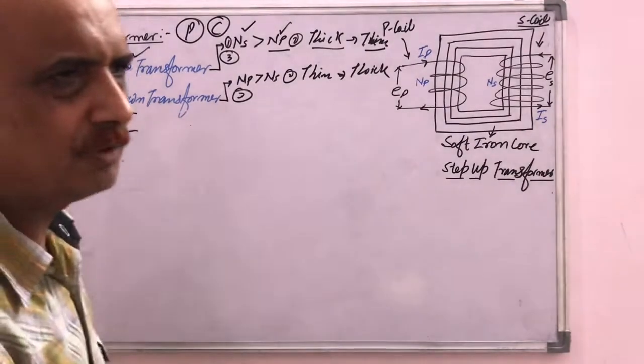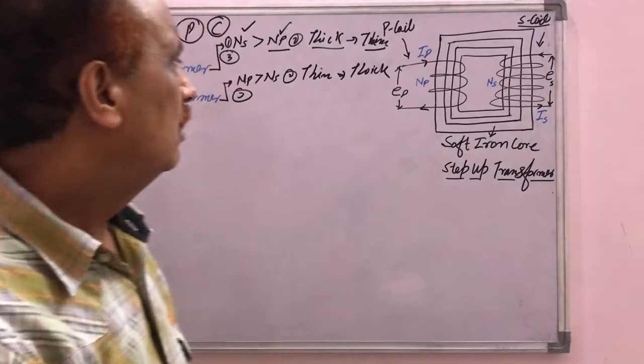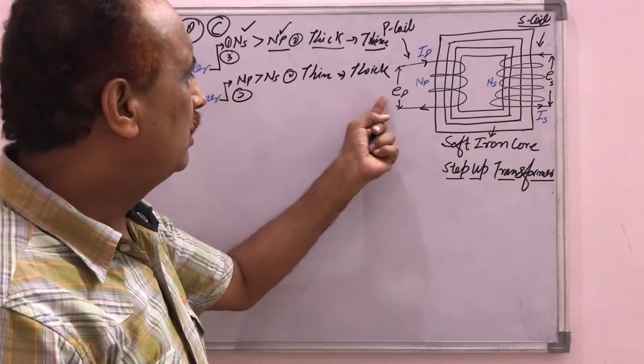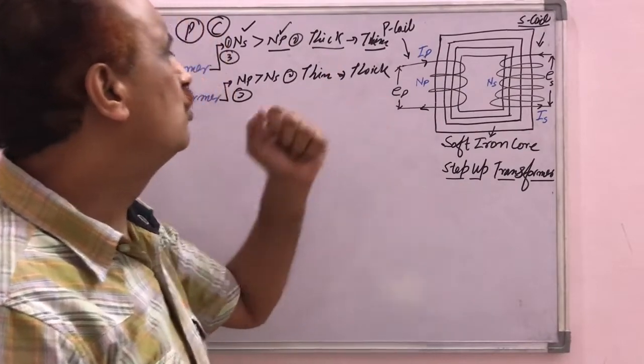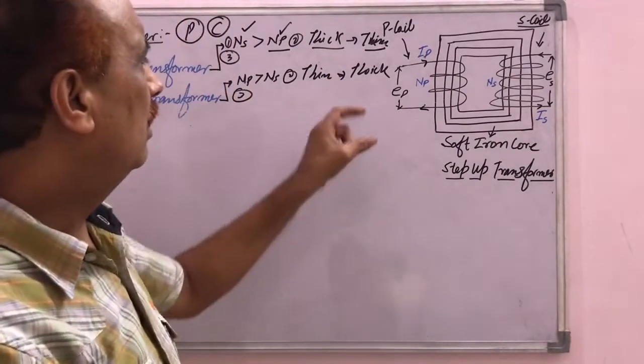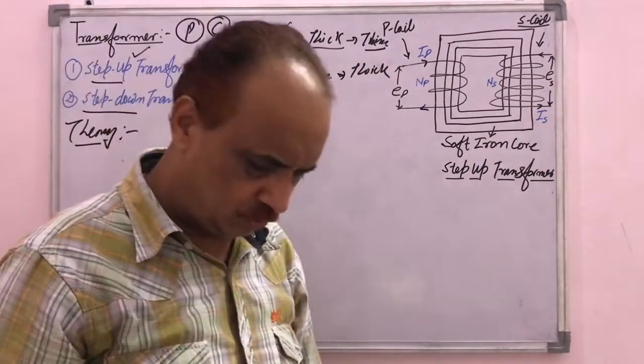Next is what is the working of the transformer. When an alternating EMF is applied as an input voltage in the primary coil, it changes with respect to time.